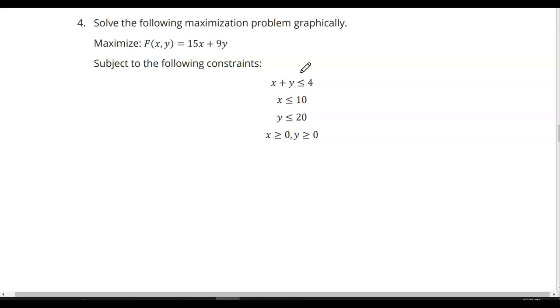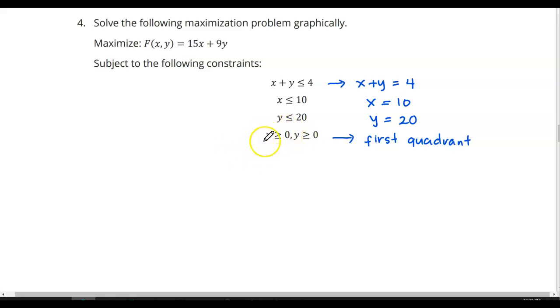To identify the feasible region, we will first have to graph the line x plus y equals 4, the line x equals 10, the line y equals 20, and this last constraint here means it is on the first quadrant, because y has to be greater than 0 and x has to be greater than 0.